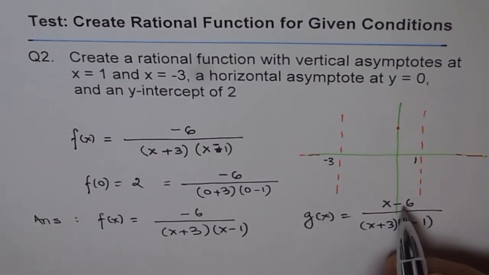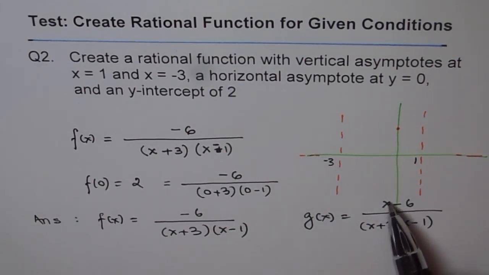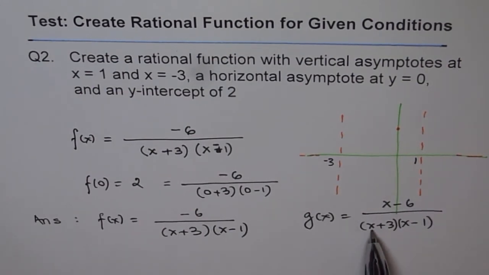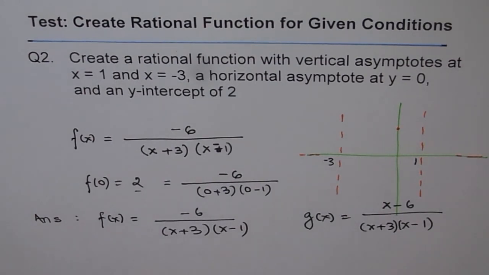That will also fulfill all these conditions. The degree of the numerator is 1, the degree of the denominator is 2, so 1 less. Therefore, the horizontal asymptote is at y equals 0. And if I plug in 0, I get minus 6 divided by minus 3, which is 2. So the conditions are met. This or any similar one will be a solution to this question.